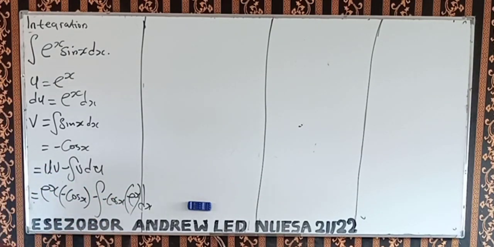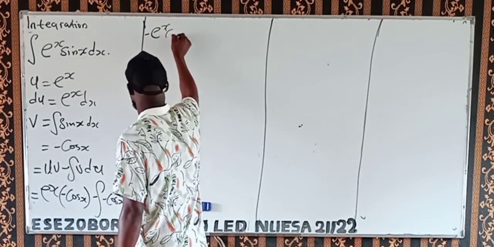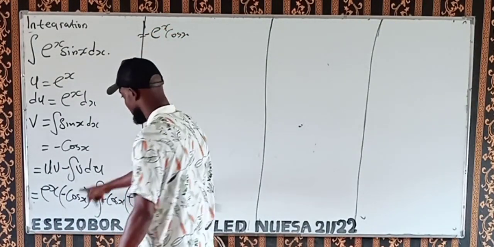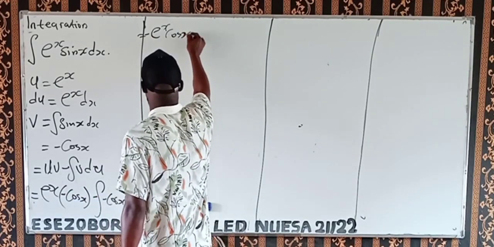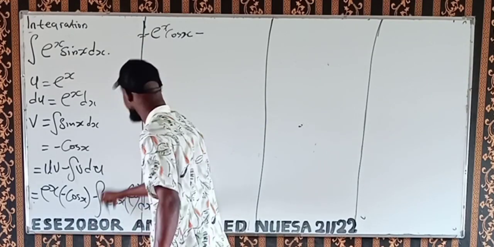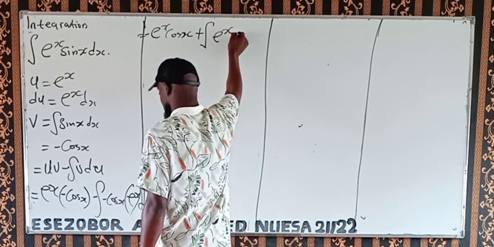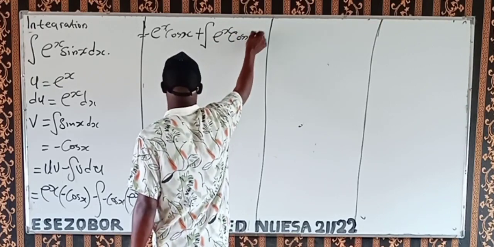So for the next calculation now, let's write everything. We have minus exponential x cos x minus exponential x cos x. Then you bring this minus out. Minus equals plus integral exponential x cos x dx.